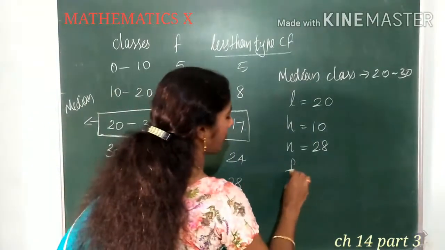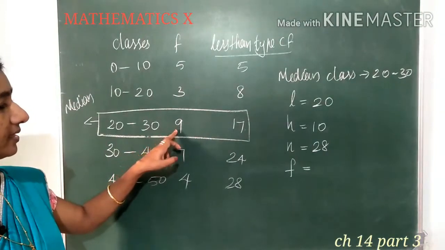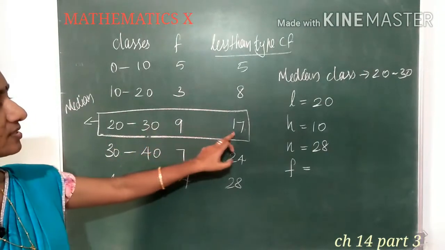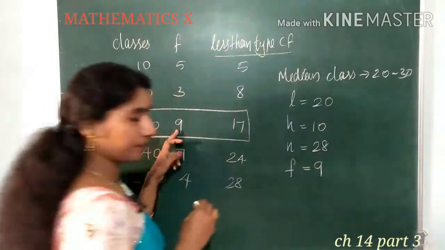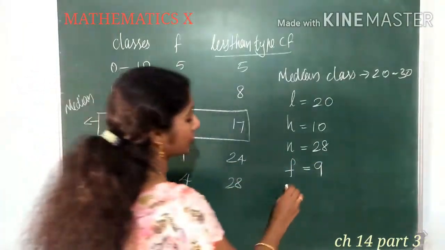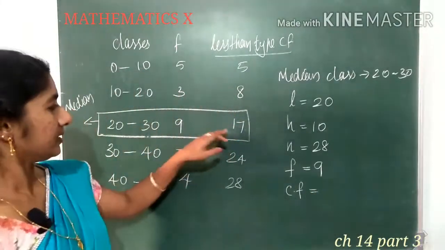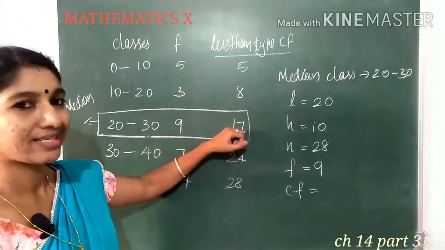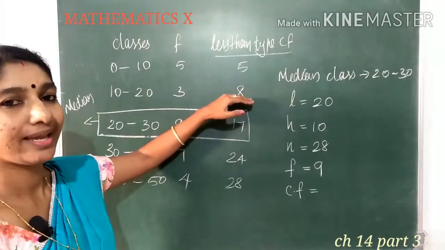And the frequency of the median class, what is F? F is for frequency of the median class. This is for frequency, this is for cumulative frequency. Frequency of the median class is 9, and we need to find the cumulative frequency up to the median class. The median class's cumulative frequency is 17, so up to the median class, which is the cumulative frequency? 8.